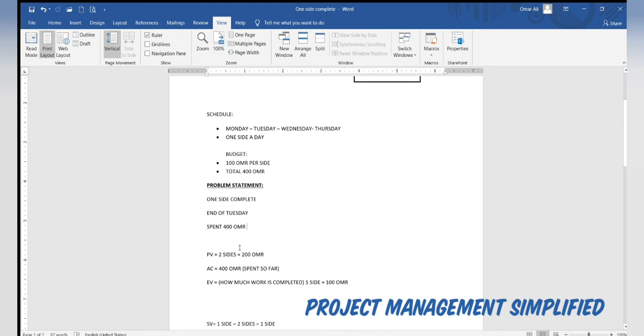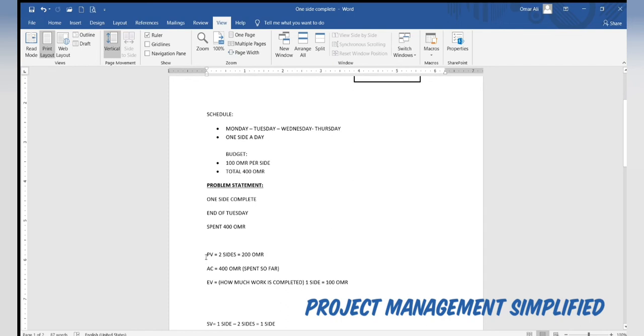According to the PV that we have, the PV is the baseline cost of work scheduled. So the PV is how much we have to have finished on this day, Tuesday. We have to be finished with 2 sides, and by logic it is 2 sides, but we said that everything we have to calculate in money.